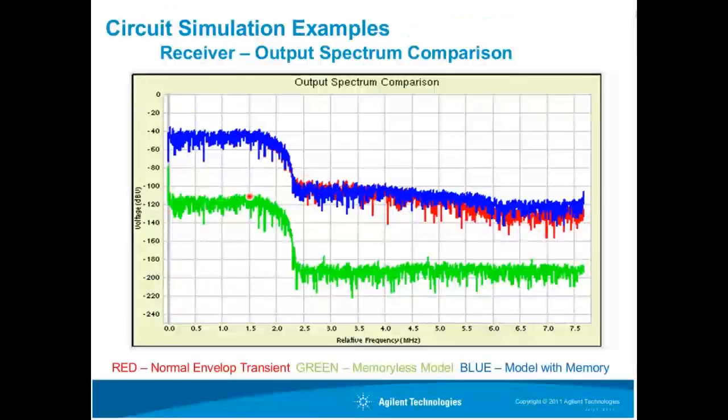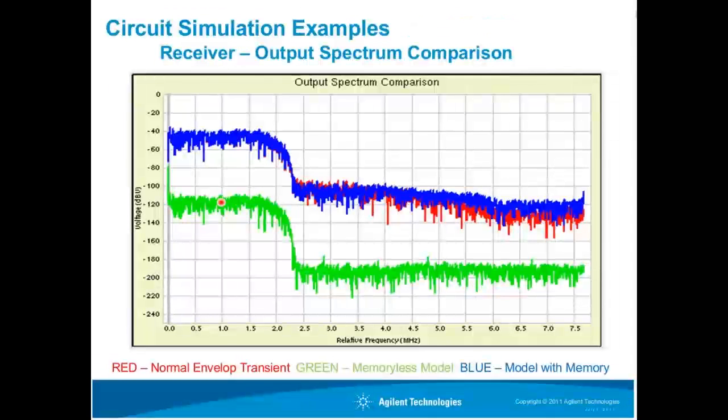So if you look at normal envelope transient, it's up here, the signal levels at minus 50 dBV. We're at minus 120 with our memoryless model. So we've got 70 dB of error, and in fact, I would say that's probably the amount of DC offset suppression or the gain of your DC offset correction circuit.